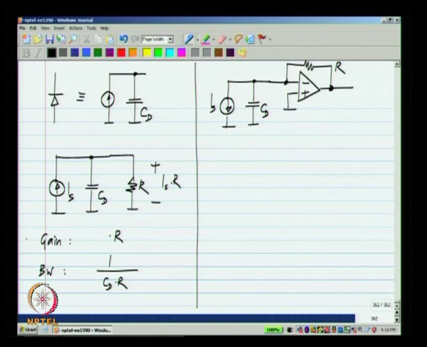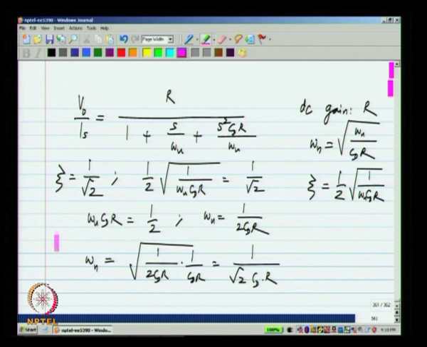Now, in this case also the DC gain is R. And the bandwidth depends on the damping factor and so on, but here what I have calculated is for a damping factor zeta of 1 over square root of 2. Now, it turns out that for this particular value of damping factor, the bandwidth of this circuit equals the natural frequency of the circuit.